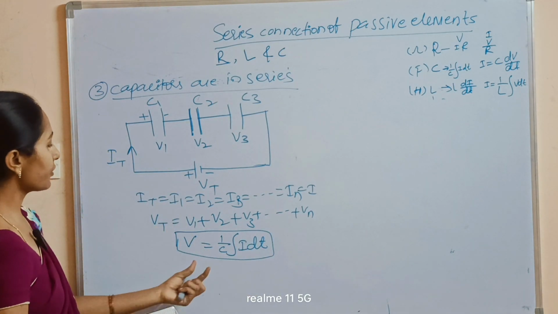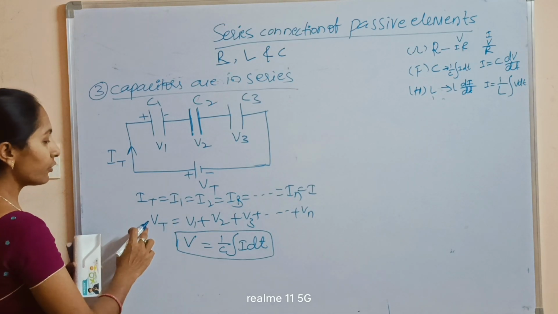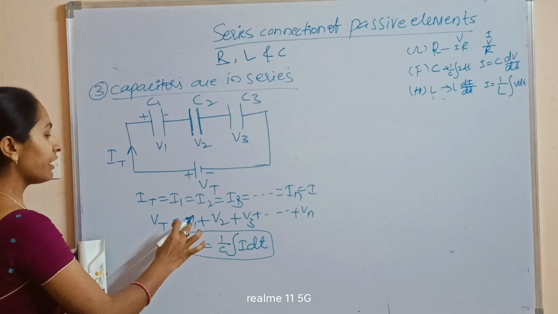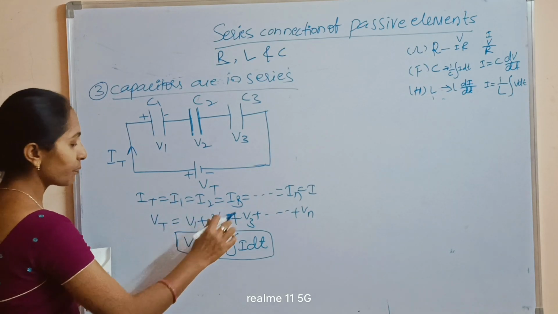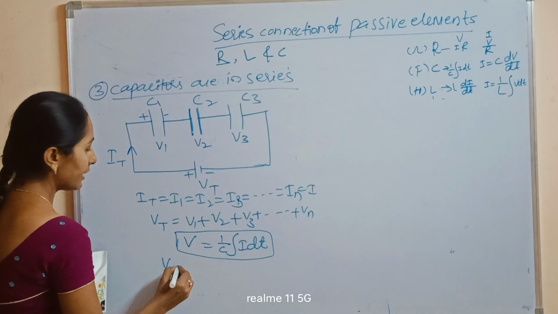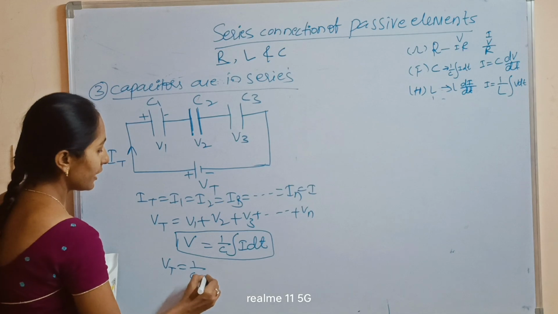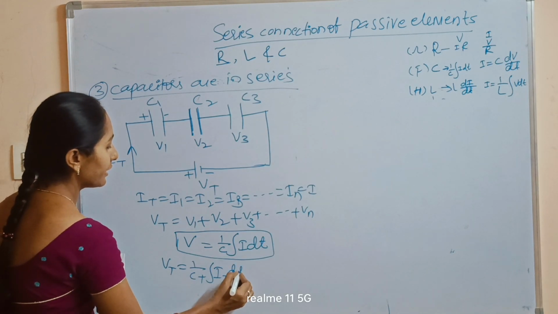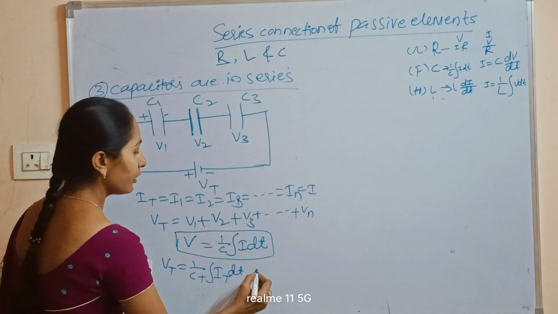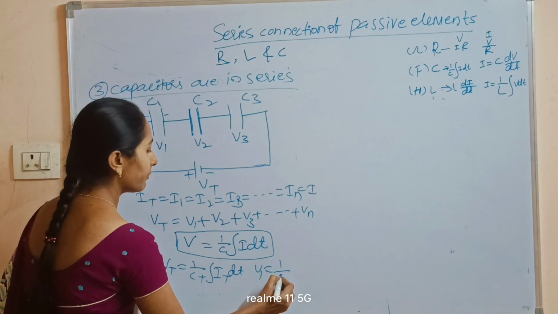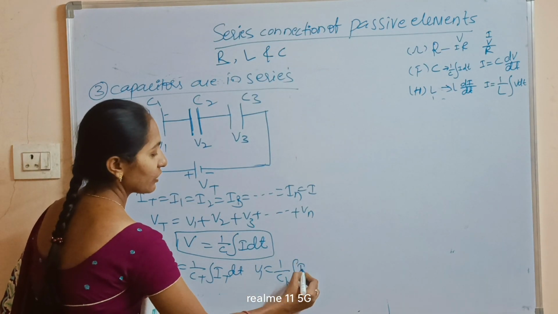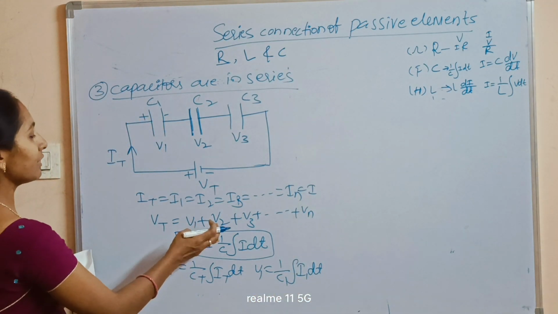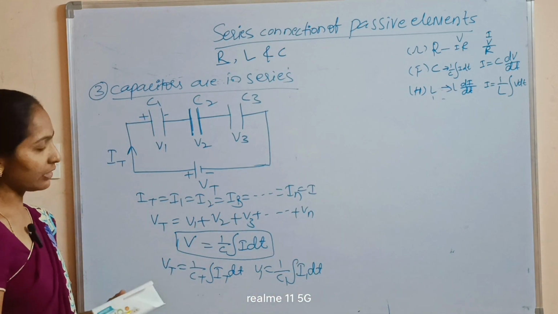So just substitute this value here. V total is nothing but 1 by C total into integration of I total dt. Then coming to V1. V1 is nothing but 1 by C1 into integration of I1 dt. Like that we can consider each voltage response.